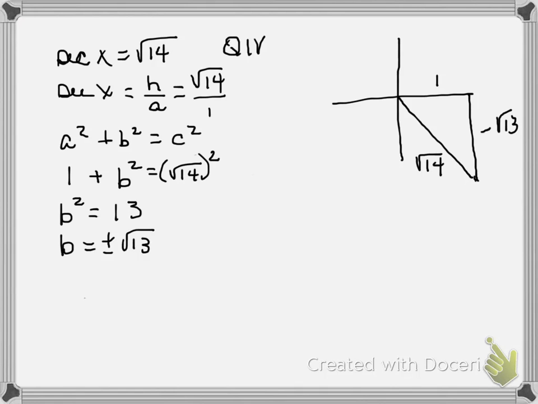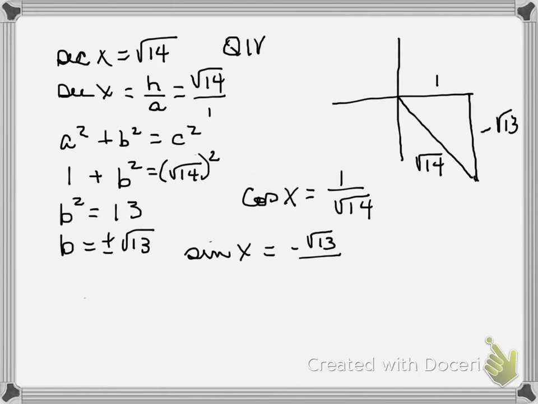Now cosine comes straight from secant, just the reciprocal. So cosine x will be 1 over the square root of 14. Now sine of x will be the opposite, negative square root of 13, over the hypotenuse, square root of 14. So we have negative square root of 13/14. Then the cosecant will be its reciprocal, so that's negative square root of 14/13.